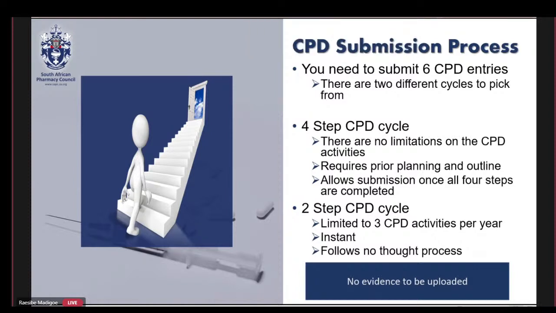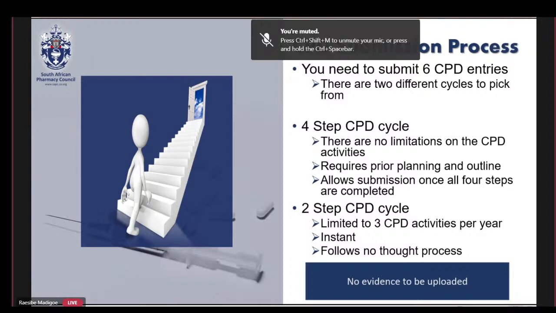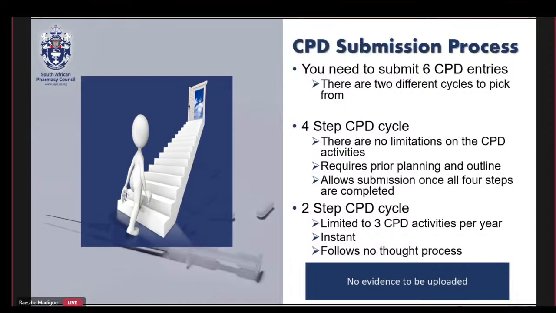And then the submission process, we do have two different cycles. We have the 4-step cycle, and I'm going to log in shortly so that I can show you how it works. With the 4-step cycle, you don't have any limitation on the number of activities that you can submit.